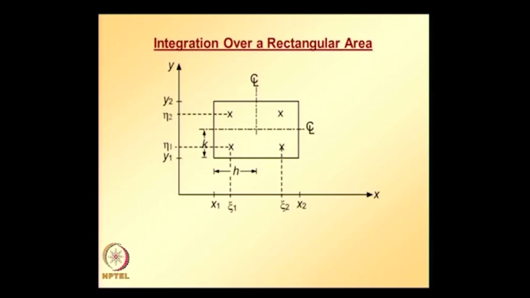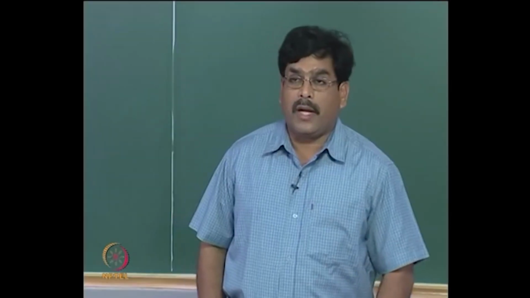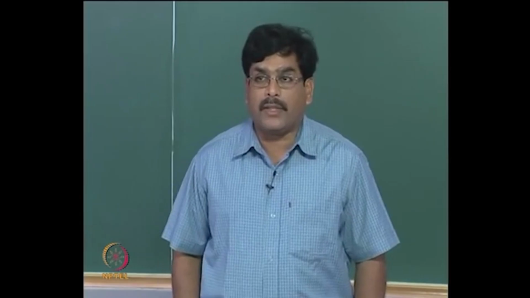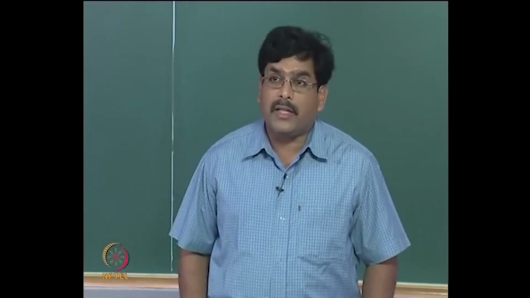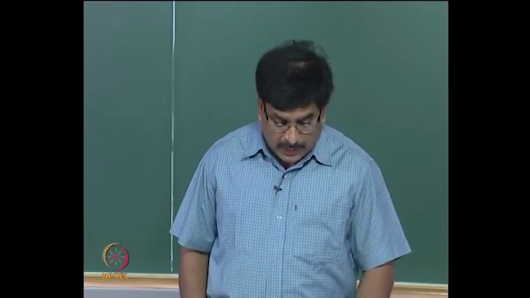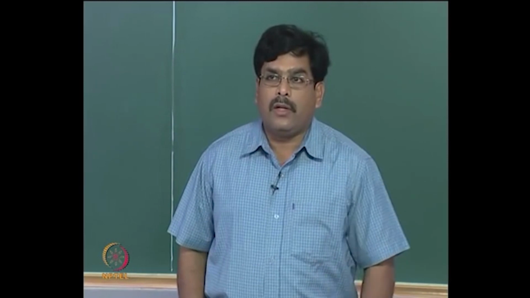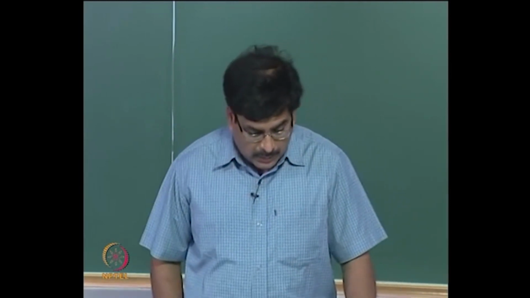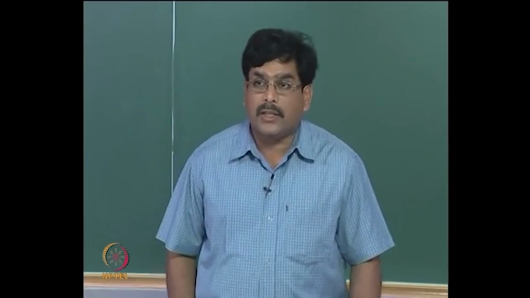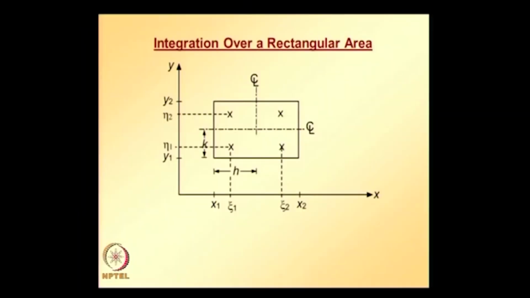So, now let us look at how to evaluate integration over a rectangular area using Gauss quadrature rules or Gauss-Legendre rules. First we need to identify the locations of the integration points, indicated in the figure of the rectangular area. Since the function is in terms of x and y, we need to express these integration points in terms of x and y.